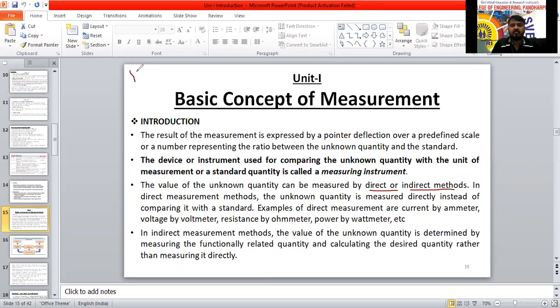Ohm's law formula, all of you know, V equal to IR.